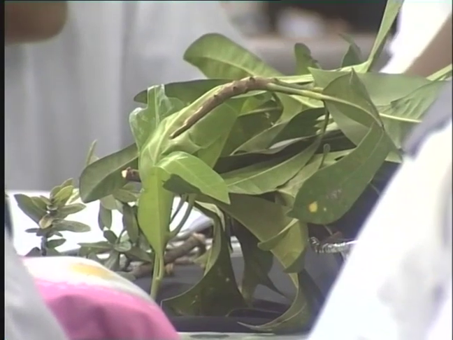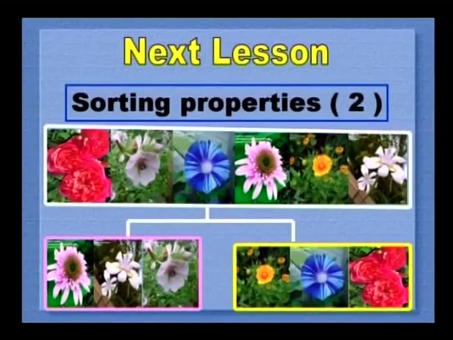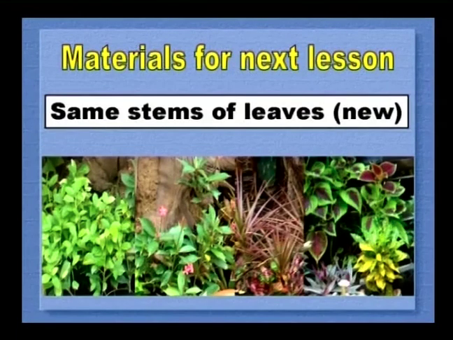Now, our next lesson is still on sorting properties, and that is the second lesson. Materials needed will be same stems of leaves you have, but please, I'd like to see that you have a variety, meaning different types. Not the same one, because I found that in the same group, you have, for example, croton.